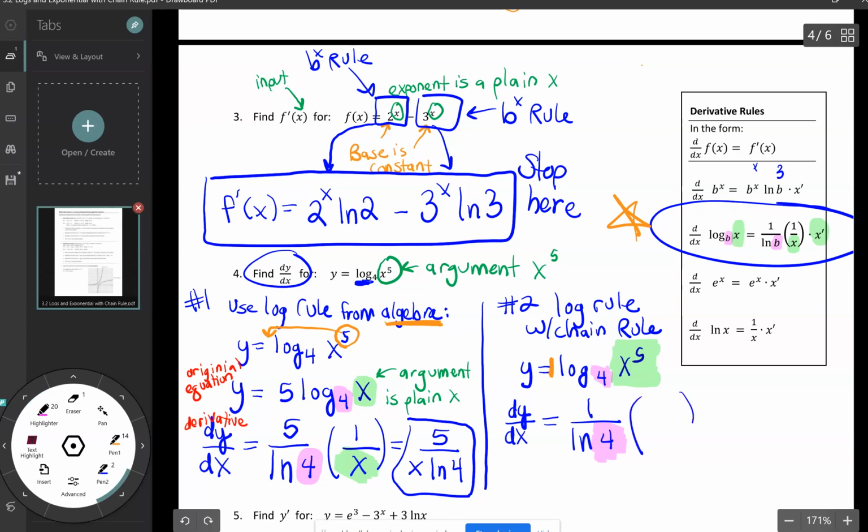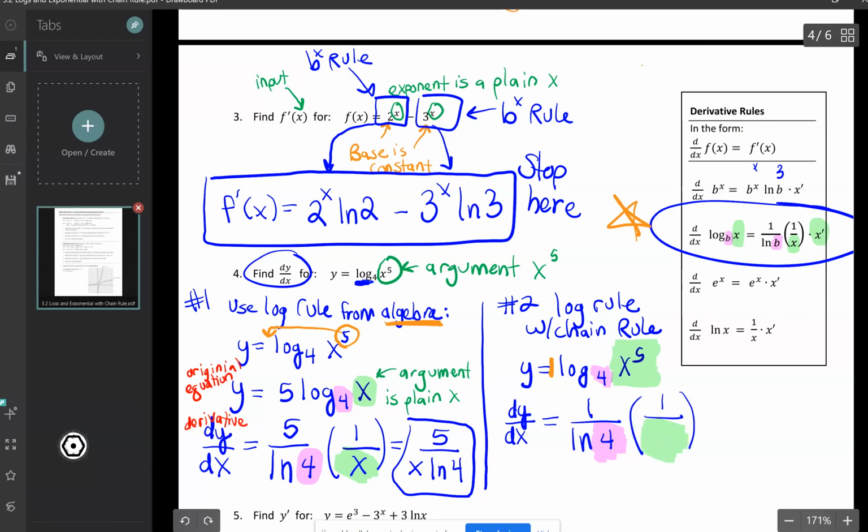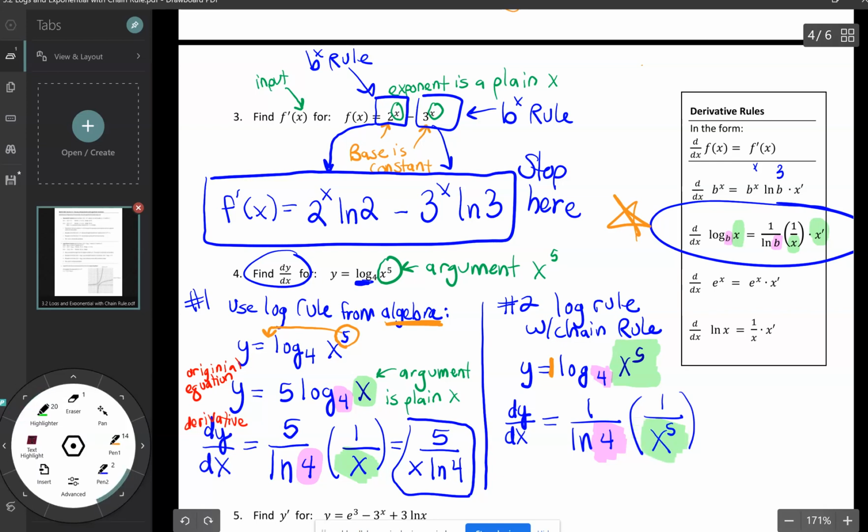Then I do 1 over the argument, which is x to the 5th. Then I multiply by the derivative of the argument, which is x to the 5th. And then we got to clean all that up.